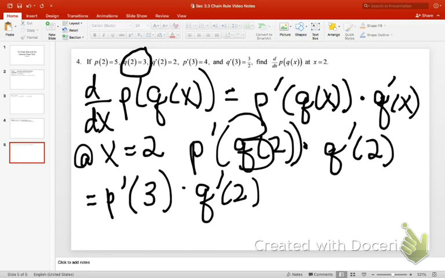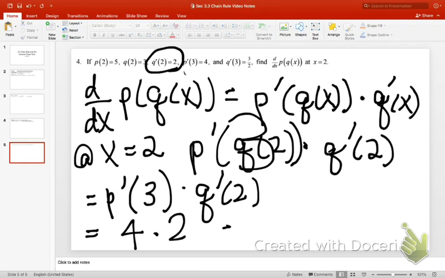P prime of 3 is given here, and that is 4. So I'm going to substitute 4 in for that value, times Q prime of 2, which is right here. Q prime of 2 is 2, which will simplify to 8.